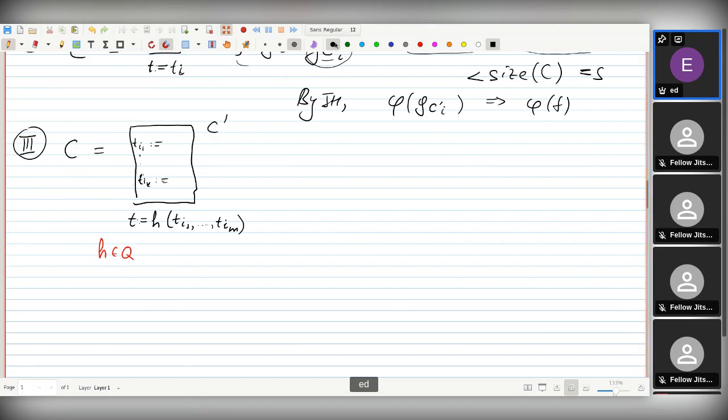Is it clear? Yes. Okay. But what is f? Our f is just h applied to functions defined by the respective prefix circuits.